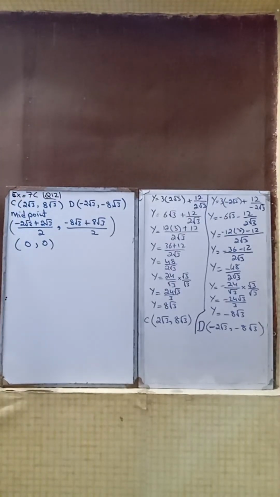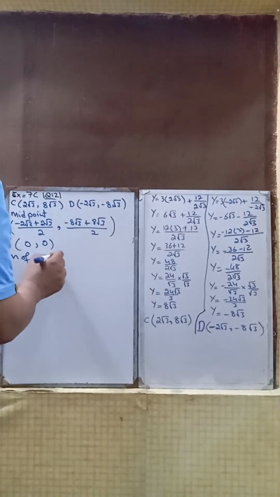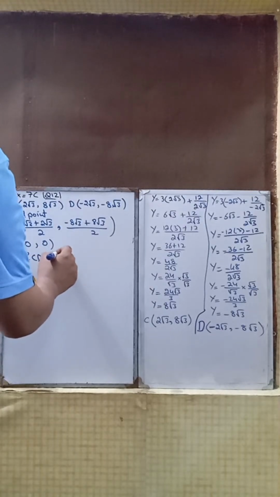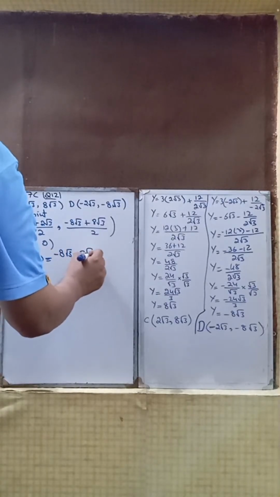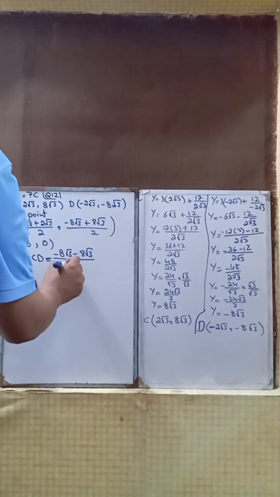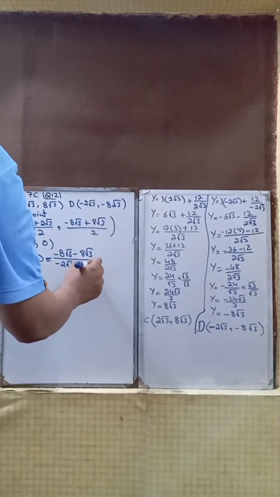Then I need to find the gradient of the CD. So the m of CD will be equal to y2 minus y1 divided by x2 minus x1.